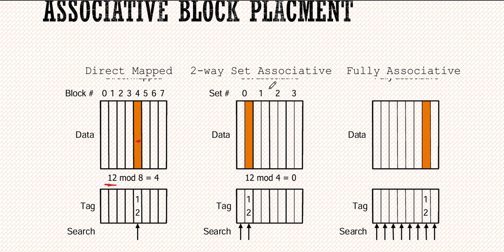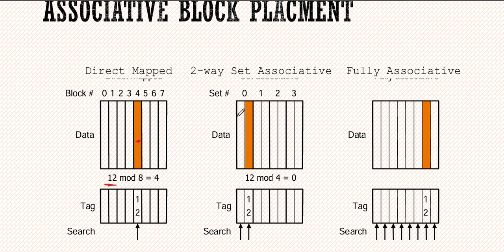Now, this one is set associative. We have divided into sets: set 0, set 1, set 2, set 3. So this is 4 sets. Because of that, we'll not be doing modulo 8 again. We'll be doing modulo 4 because we now have 4 sets. For example, 12 modulo 4 gives me 0.